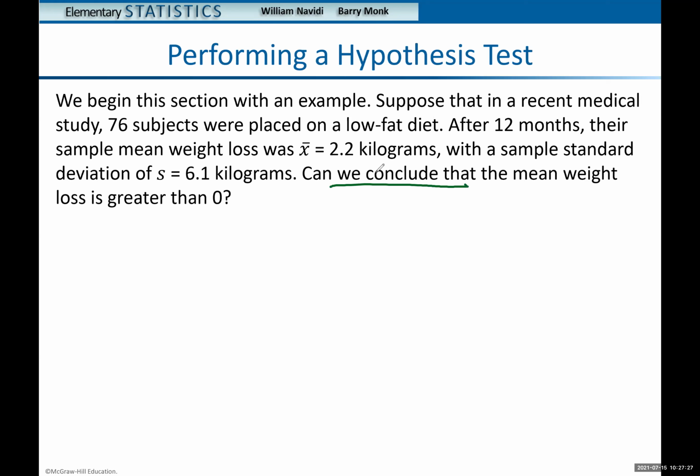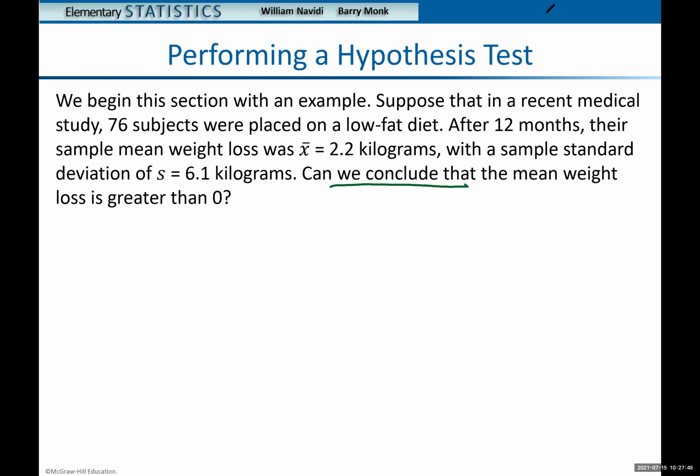The word conclude, meaning you're going to arrive at the very last step, which is your conclusion. And how do you conclude it? You have to show it. That's why you have those 5 steps before you write your conclusion. Okay. All right.